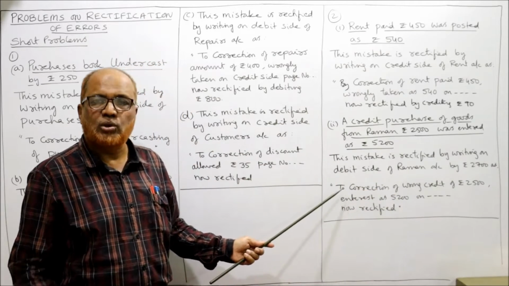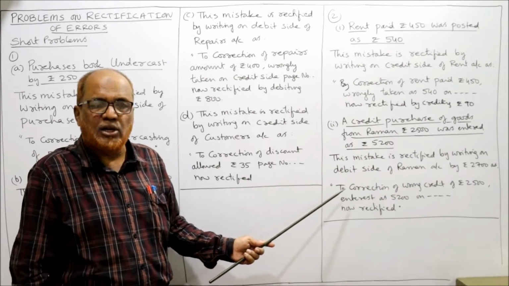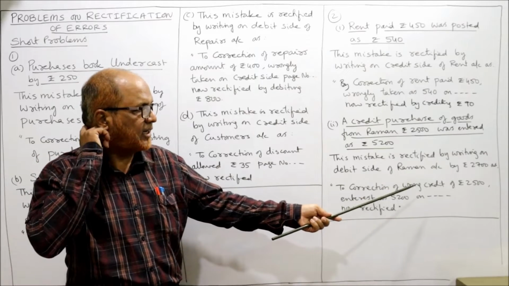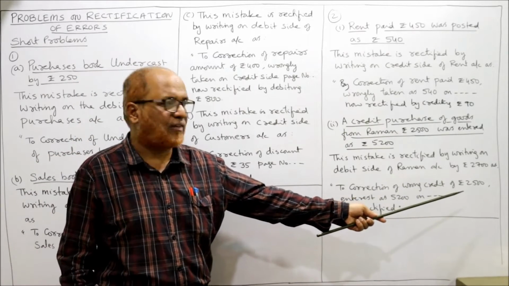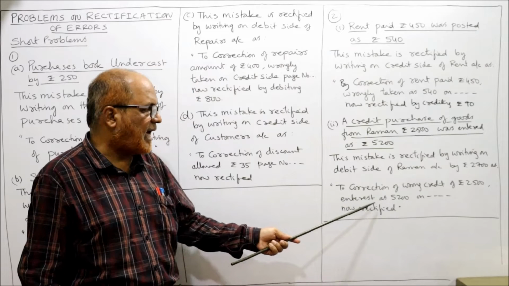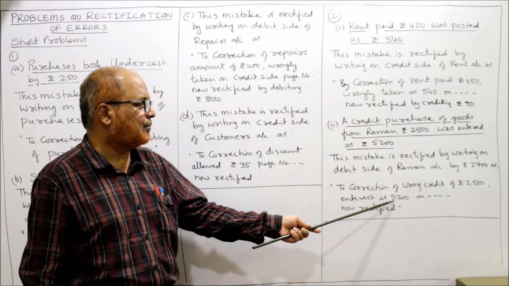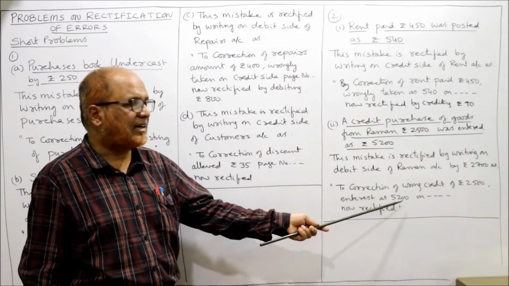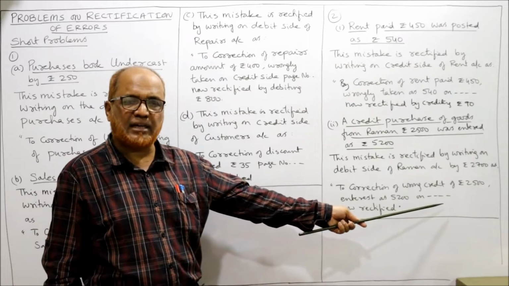So as follows: on the debit side of Raman's account you should write, correction of wrong credit of rupees 2500 entered as 5200 on so and so date.